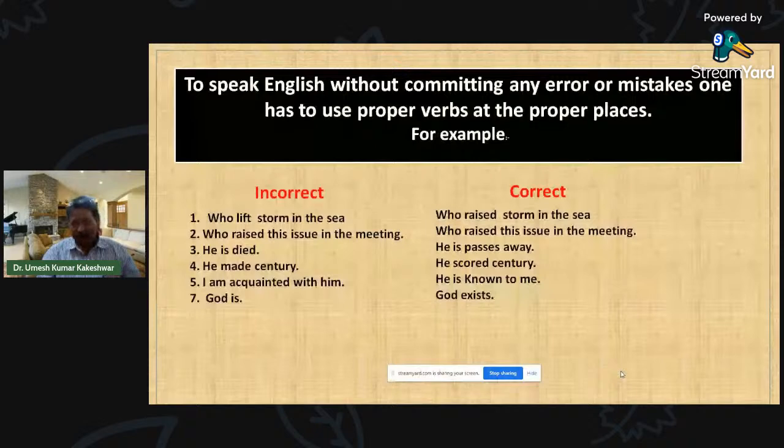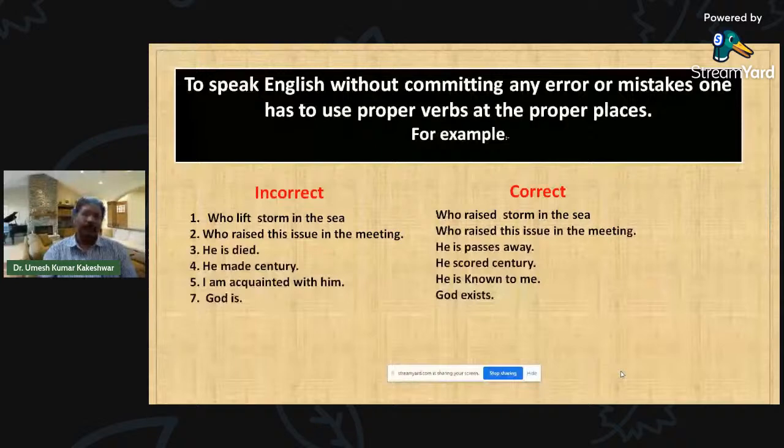On this slide, we can watch the incorrect sentence, and on my right-hand side, the correct one exists. For example, sentence number one: who lift storm in the sea.